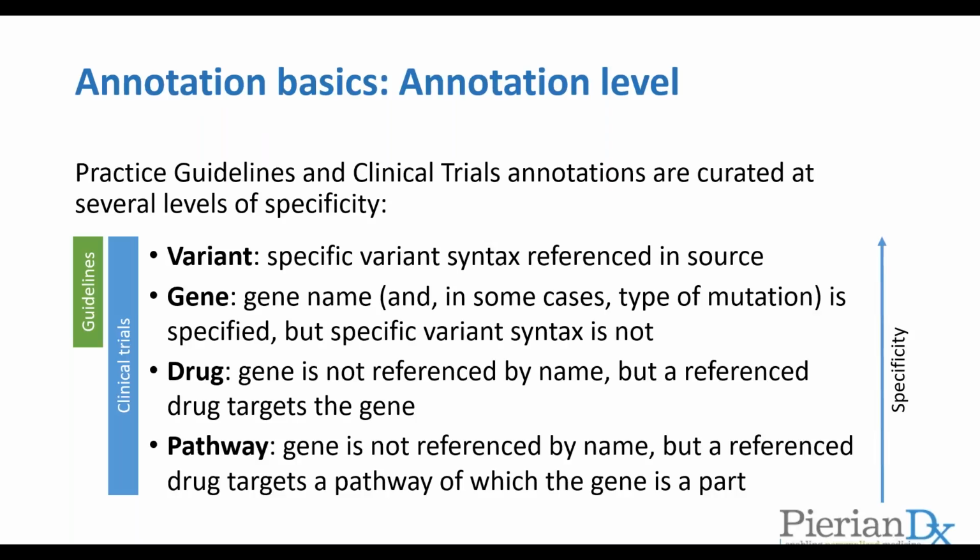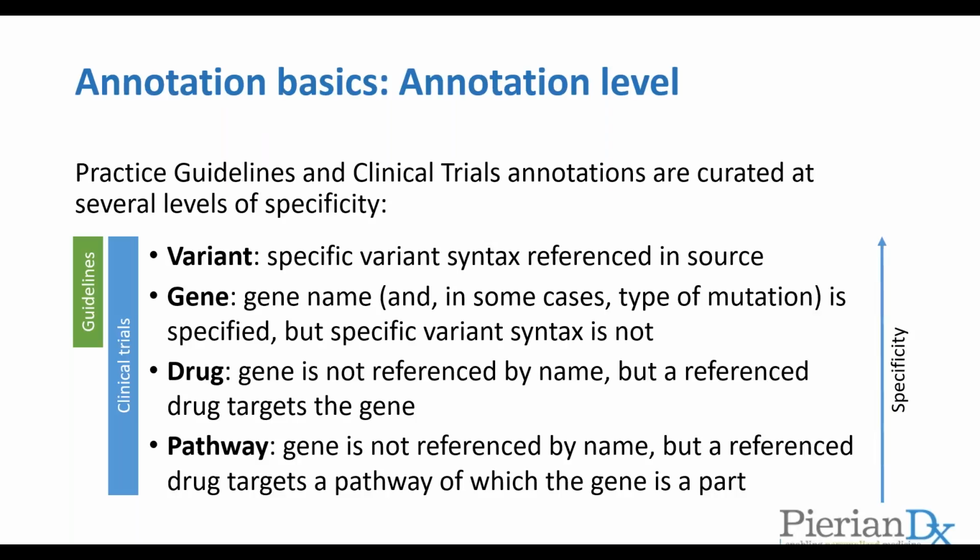We can figure out from that, in fact, based on NCCN guidelines, if it's a trial that we're annotating, what they really mean by that. And so we can do some more specific annotation there so that we're not throwing a net over the whole gene or any variant in the gene. And so that we would label as a gene level specificity annotation.